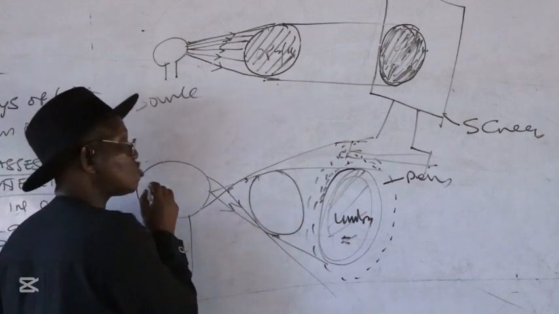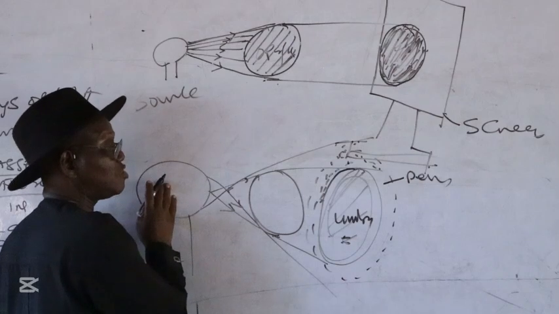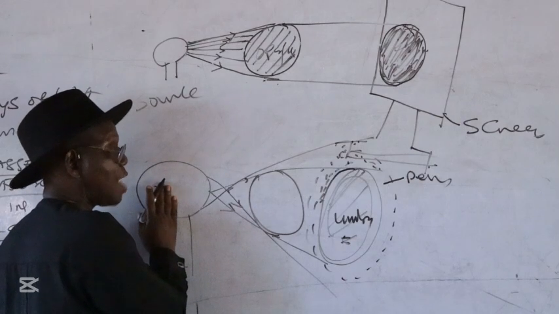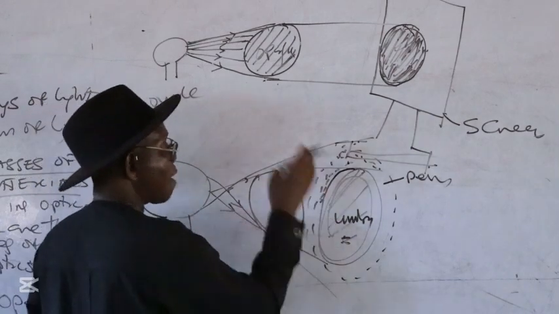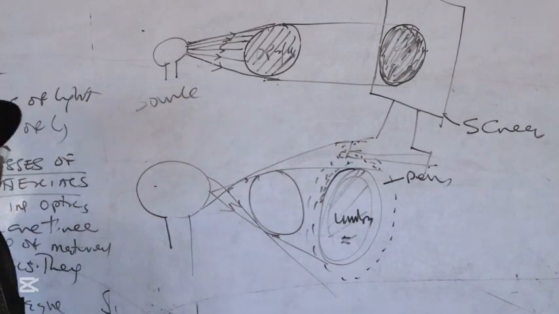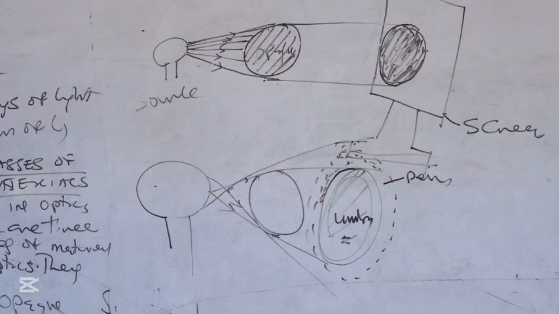So the bigger the source, when the source is big, then we can have umbra and penumbra. But if the source of light is small compared to the size of the opaque material, total umbra will be seen. There will be no penumbra. So it means you only have shadow, no umbra, no penumbra.